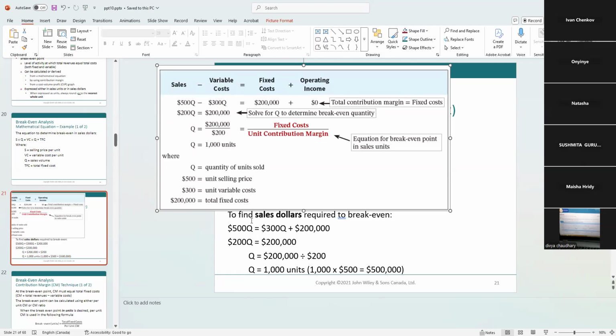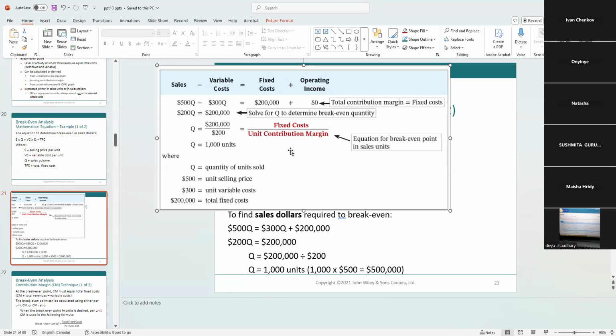Once we flip the 300 units to the other side, we have 500 minus 300, or 200, times number of units, equal to $200,000. So the number of units will be fixed cost divided by 200.